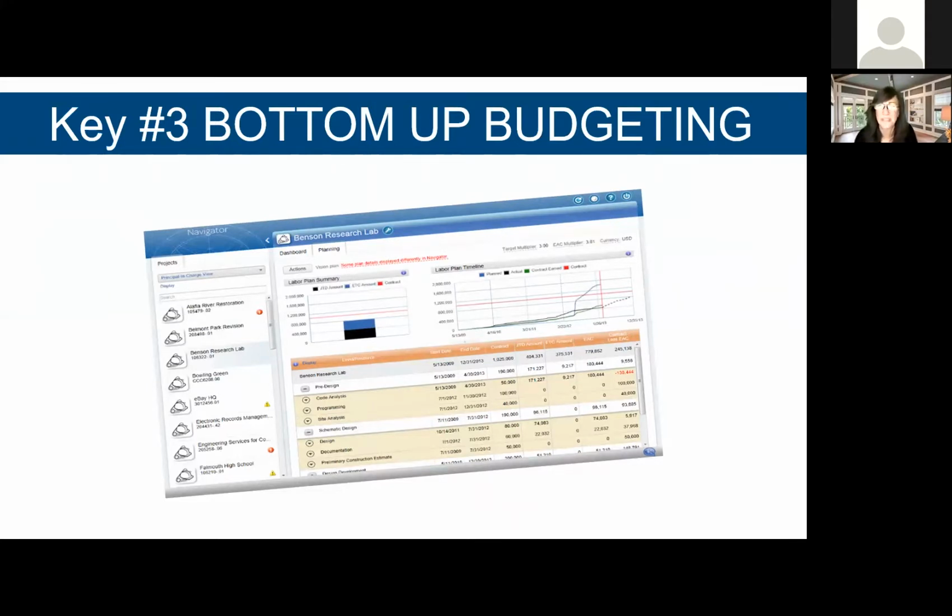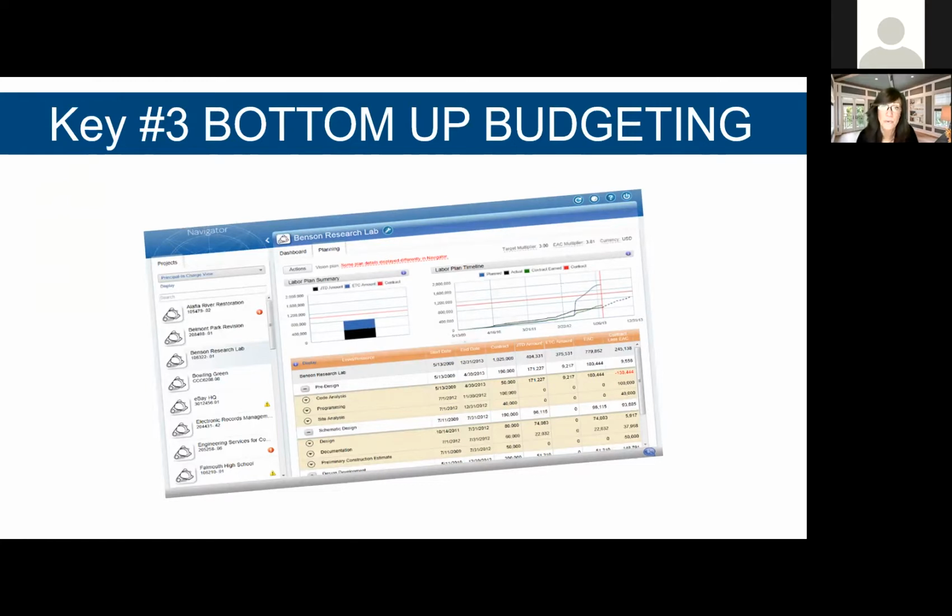It's done really roughly. And by doing that, you're not really giving yourself an advantage as to being able to really see where you're spending your money, whether you're going over on hours on certain phases or tasks of your project, and really upfront giving your employees the communication about what they should be doing and how many hours it should take them each week to do their jobs.